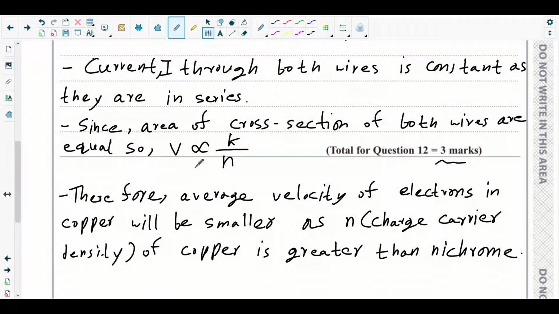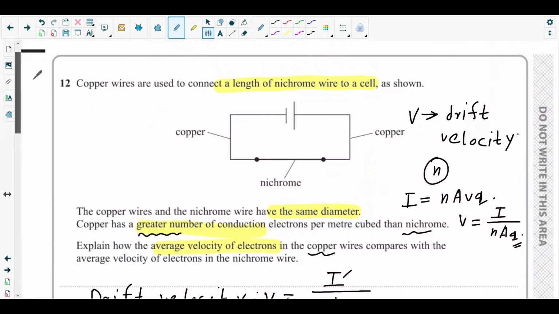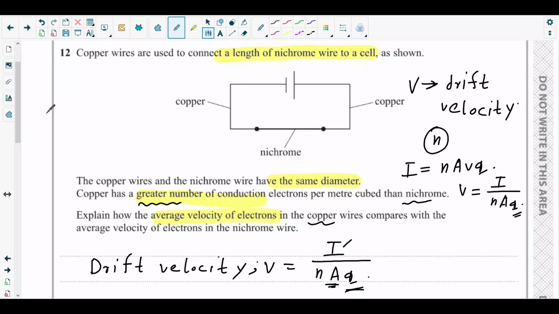So the average velocity of electrons in copper will be smaller as the charge carrier density of copper is greater than nichrome. So that's what we can write for question number 12 from this paper.